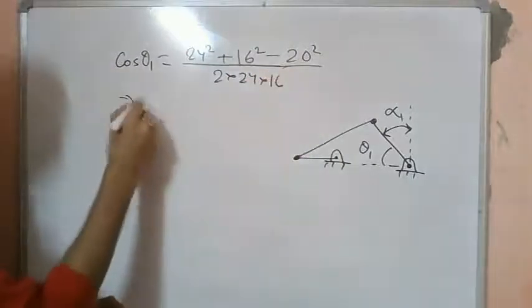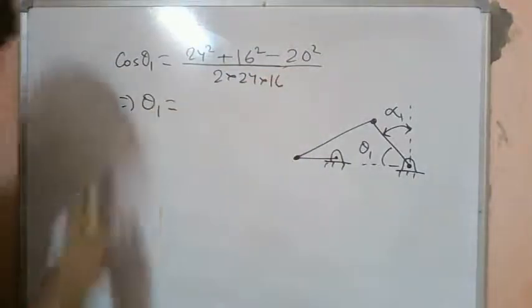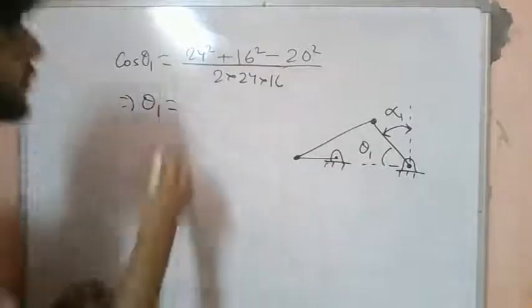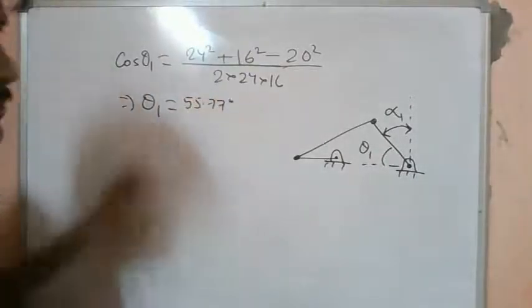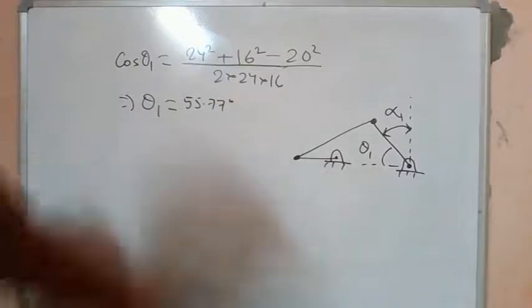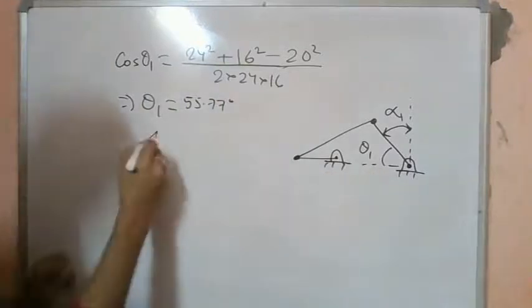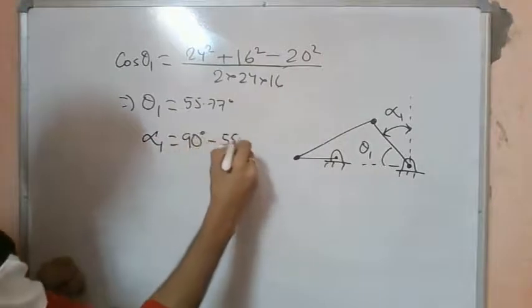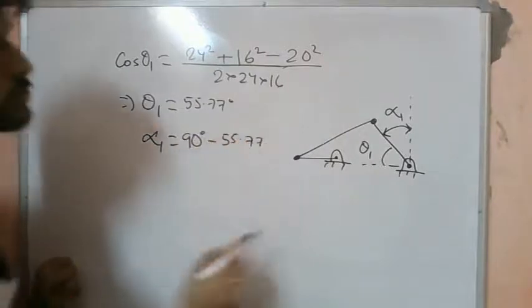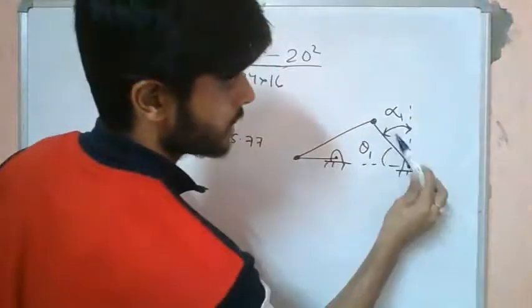So from this equation we will get θ1 to be equal to 55.77. So alpha 1 will basically become equal to 90 degrees minus 55.77. Okay, so this is our alpha 1 angle.